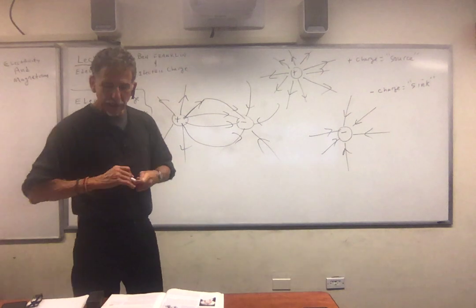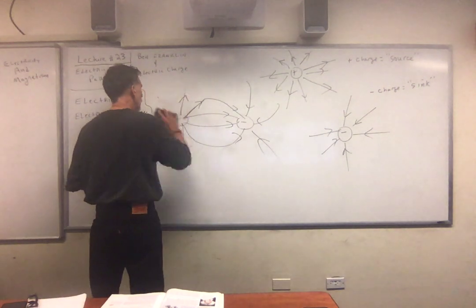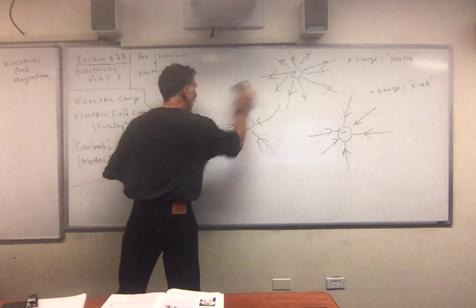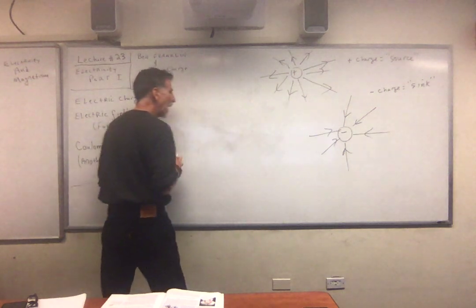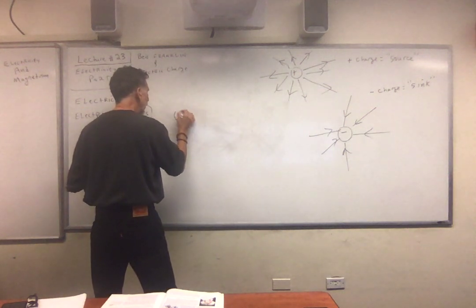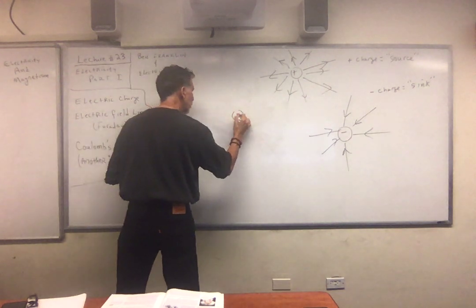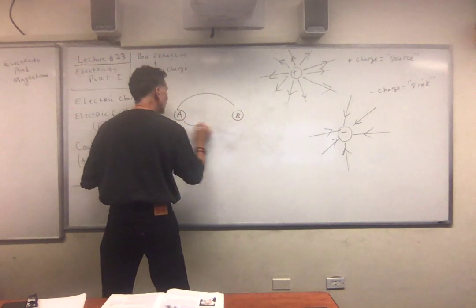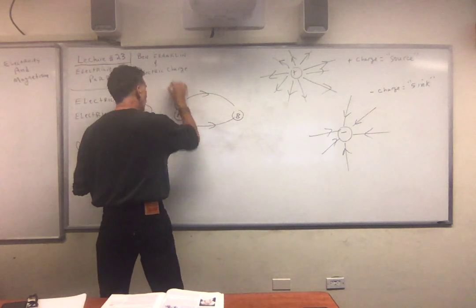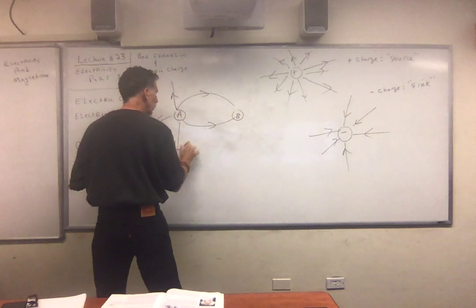If you see an exam, I'm going to cross this out, and the charges are not marked. In other words, if I have a charge like this and a charge like this, I'll call this A and this B, and you see lines that go like this. Notice the arrows. If the arrows are coming out, what does that tell you?